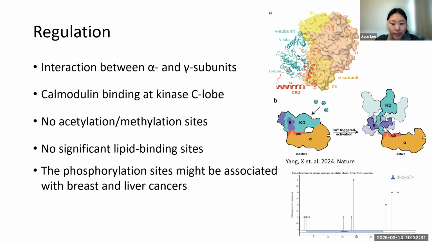Upon sensing calcium ions, the calmodulin undergoes a conformational change and facilitates detachment and inhibition of the kinase domain. No acetylation or methylation sites were found, and it lacks significant lipid binding regions as well. This suggests that its regulation primarily relies on protein-protein interaction. A few phosphorylation sites found in the protein may be linked to breast and liver cancers, but further research is needed.